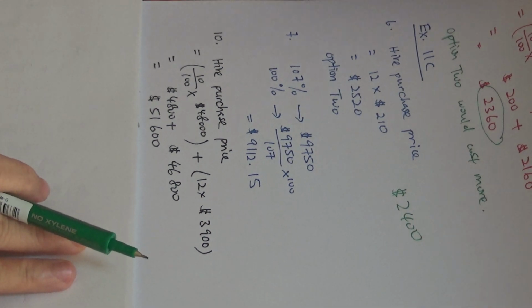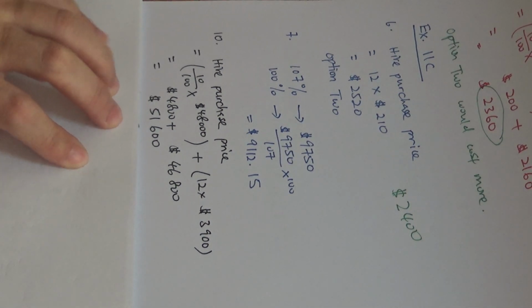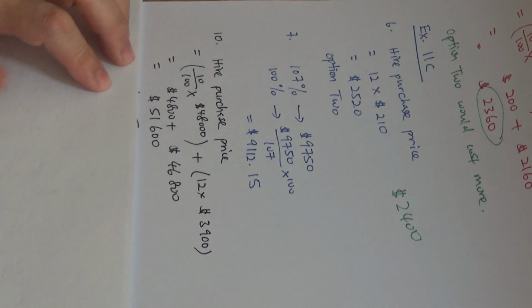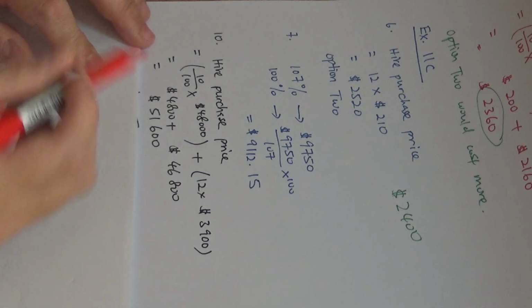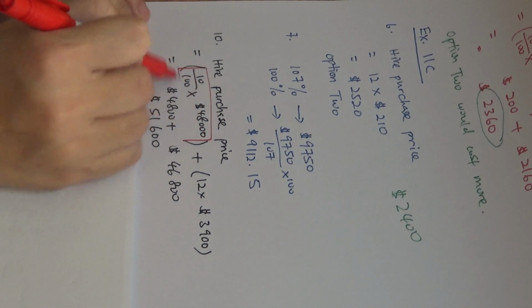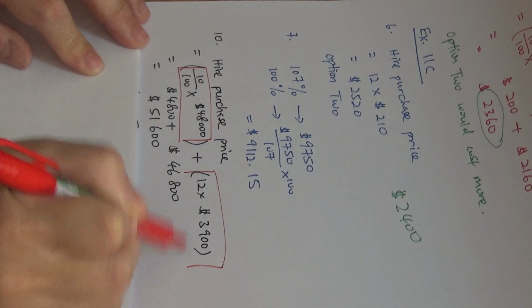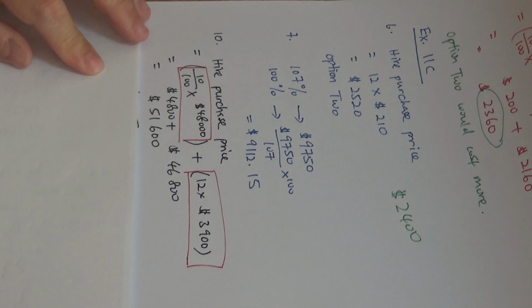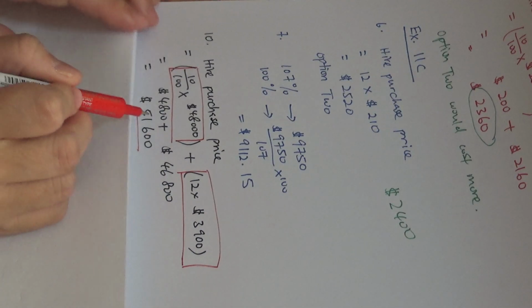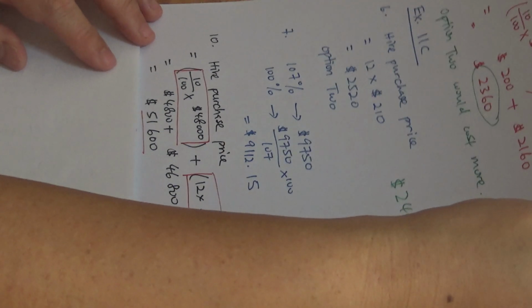Alright. Now next question, I'm moving on, is question number 10. They also want you to calculate the hire purchase price and which option will cost you more. Now, I'm just doing what the question says. 10% of the cash price, which is over here, and this is the total amount for all the monthly installments. I add them up, I will get 51,600.